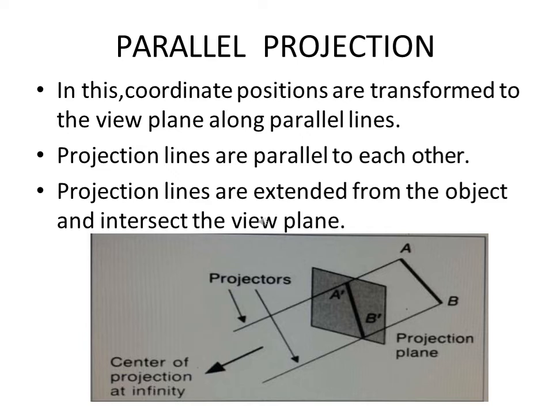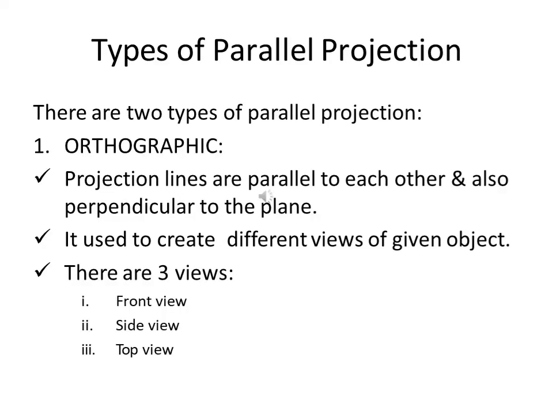Some characteristics of parallel projection: the projection lines are parallel to each other, there is the least amount of distortion within the object, and the lines that are parallel in the object are also parallel in the projection.